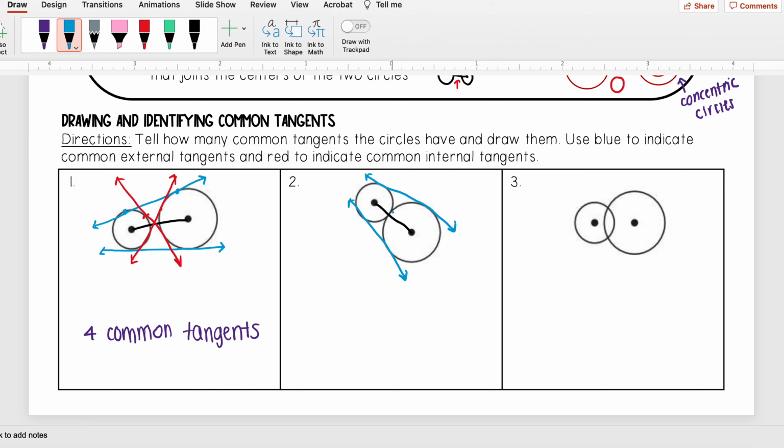But now I see, since these 2 circles are actually intersecting at one point, I'm only going to have one internal common tangent that intersects that black line. And that's because these 2 circles are intersecting. This one, they weren't. So we were able to draw 2 different common internal tangents. So here for this one, in total, I only have 3 common tangents.